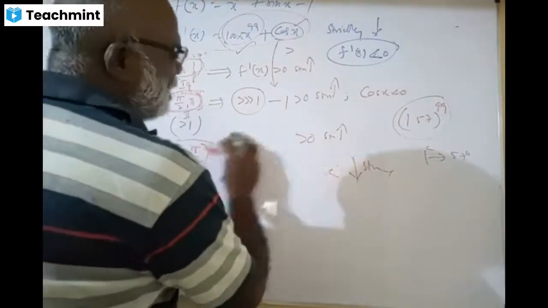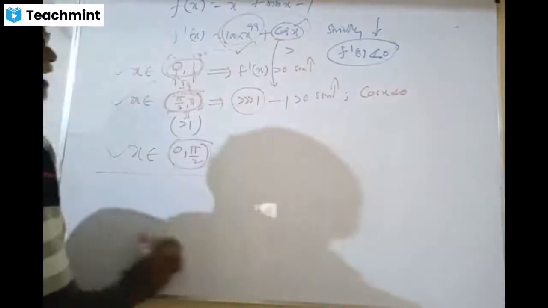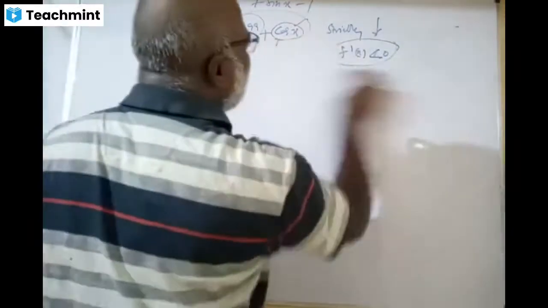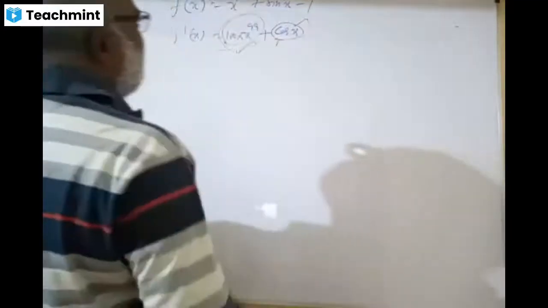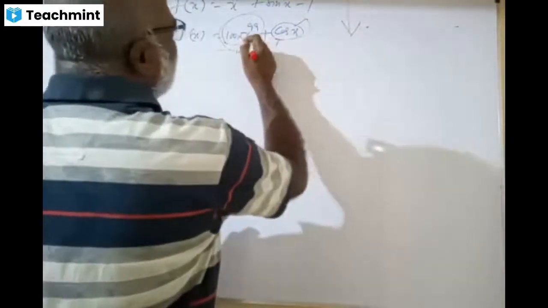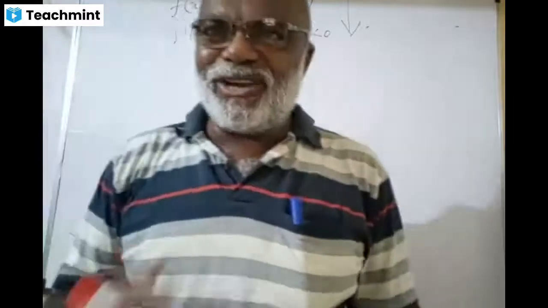Is that how it works? Otherwise, I told you clearly, only if x is negative, the whole thing will become negative, then you can say strictly decreasing. No such option is given.